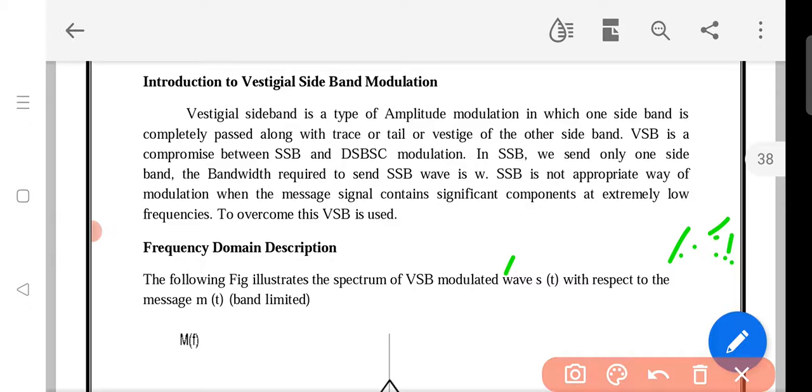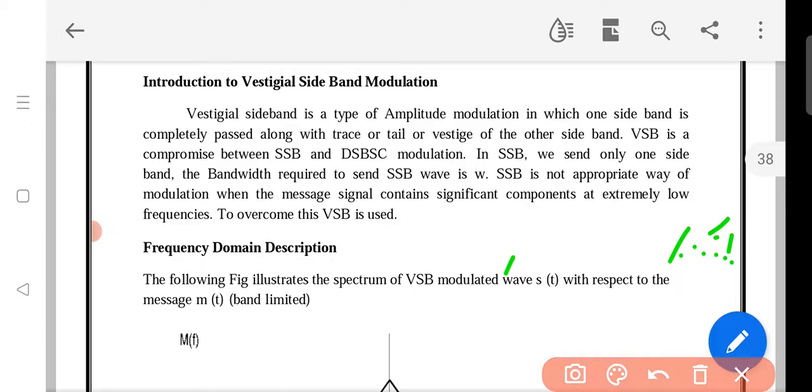That is the discussion in this paragraph. Vestigial sideband is a type of amplitude modulation in which one sideband is completely passed along with a trace or vestige of the other sideband. VSB is a compromise between SSB and DSBSC modulation. So this modulation technique is also called a compromising technique. In SSB we send only a single sideband.